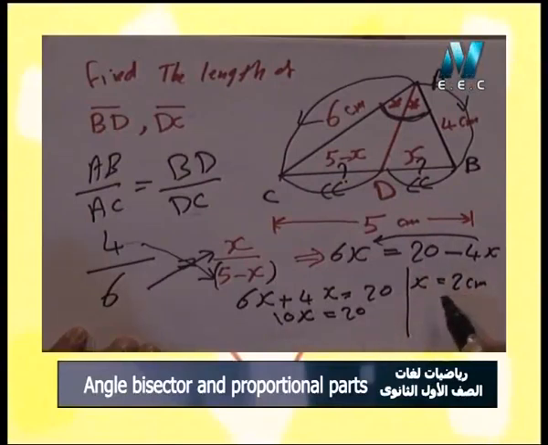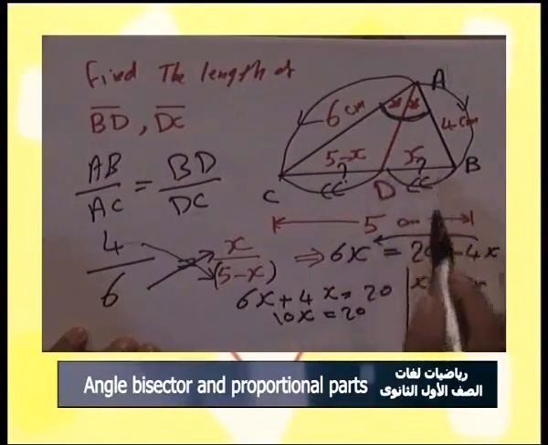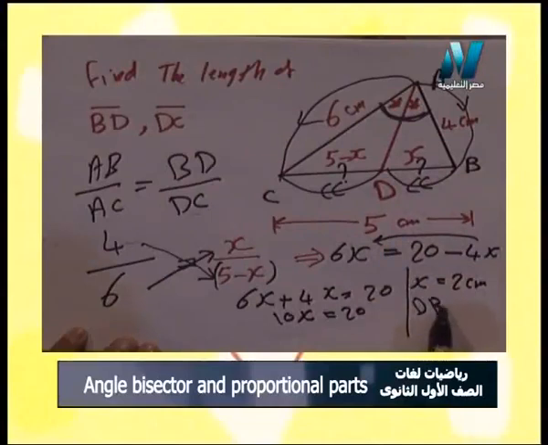If x equals 2 centimeters, then DB of course will be 2 centimeters, and DC equals 5 centimeters minus 2 equals 3 centimeters. And this is the solution of the first example.